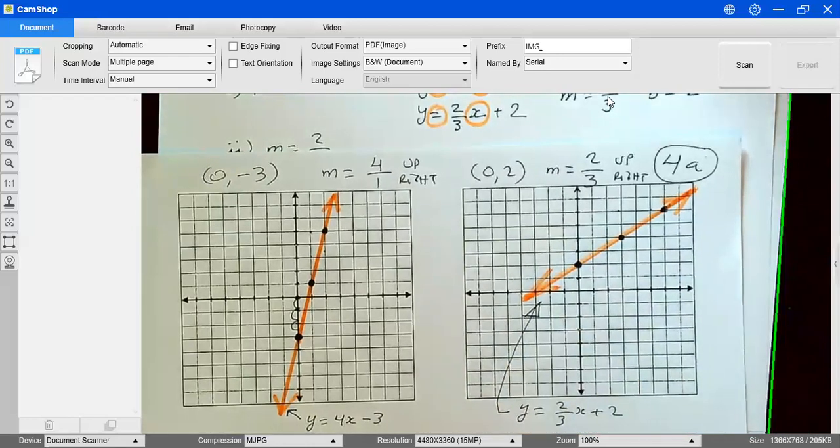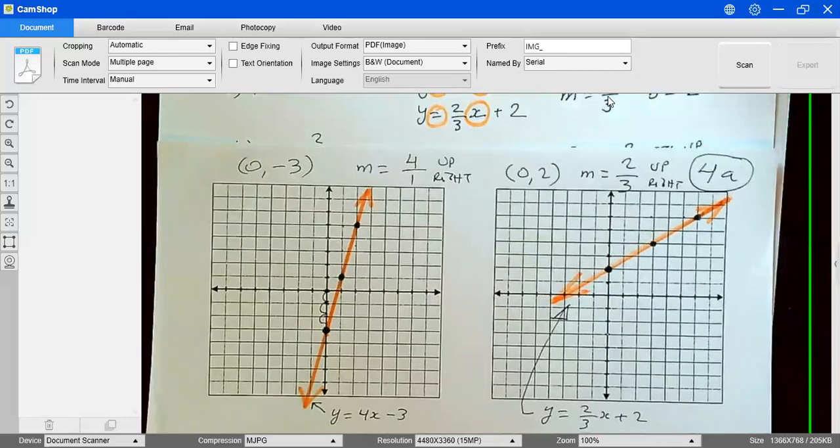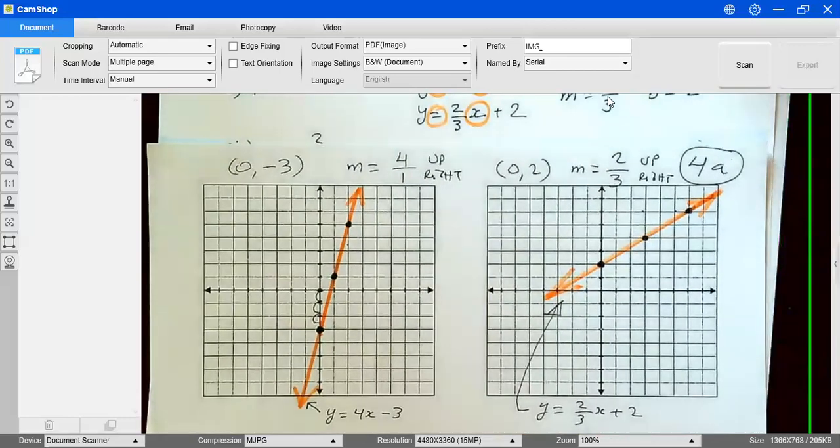That's the equation for that line. So I think I'm going to solve one more problem for you, and then you're going to work on these problems.